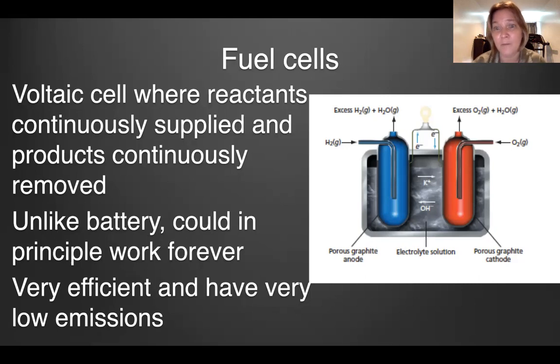You can see from this diagram, you basically have hydrogen gas going in, and you have oxygen gas going in, and you've got potassium going to the right and hydroxide going to the left, and you basically only produce, I say basically a lot today, you're only producing water.